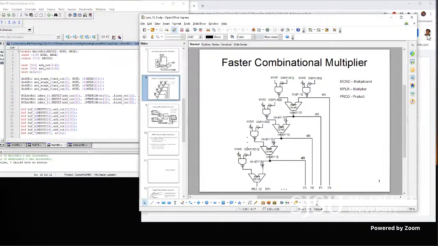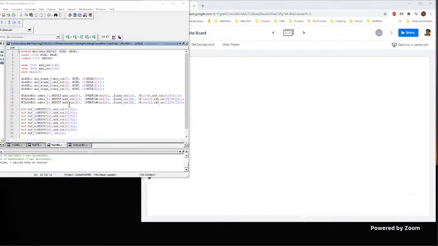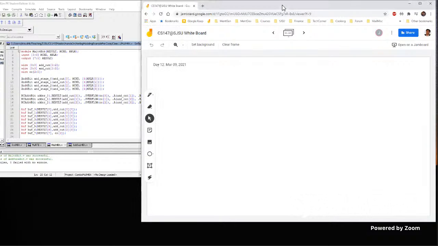So here, now let's try to understand what this part is trying to do. I'm trying to draw the equivalent logic circuit on the whiteboard.